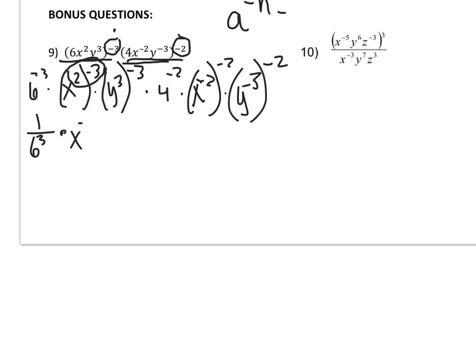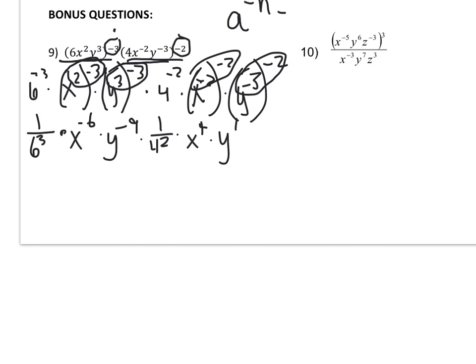I get x to the negative 6. 3 times negative 3 is negative 9. So I end up with y to the negative 9th. 4 to the negative 2 is the same as 1 over 4 squared. Negative 2 times negative 2 is positive 4, so I get x to the 4th. Negative 3 times negative 2 is positive 6, so I get y to the 6th.